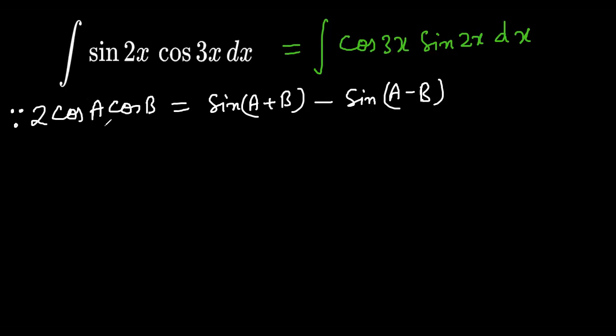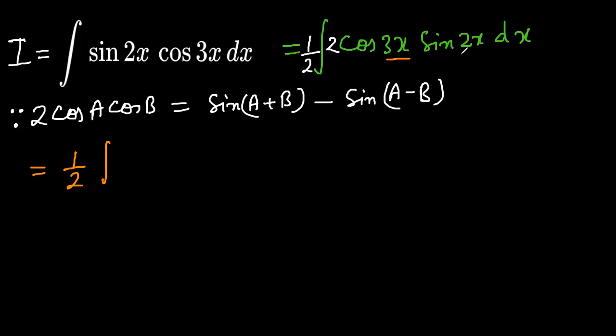So we need 2 cos A sin B. For that reason, we are going to divide and multiply the given expression by 2. If we represent this by I for integration, it looks like this: 1 by 2 as it is, and integration of 2 cos A sin B means first you add both angles.